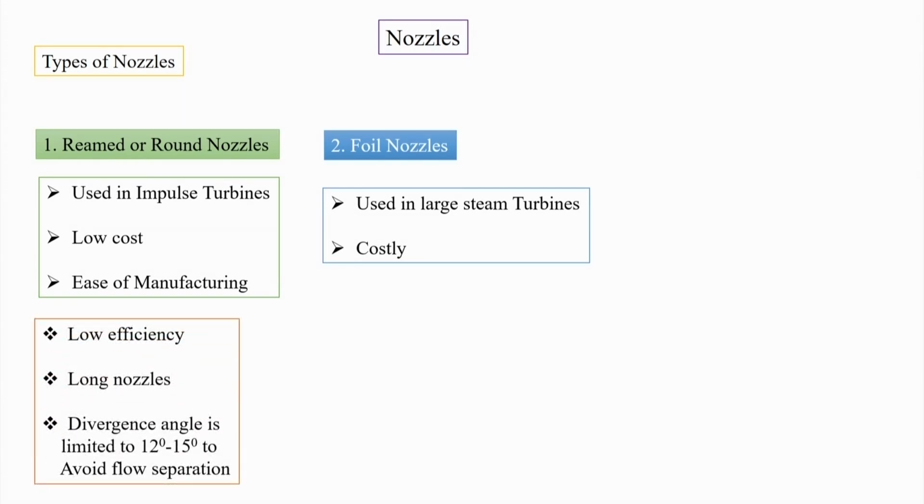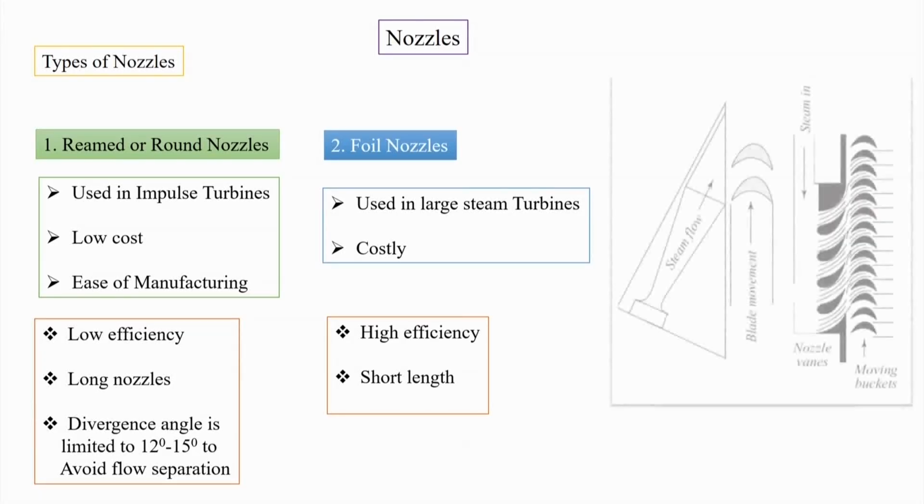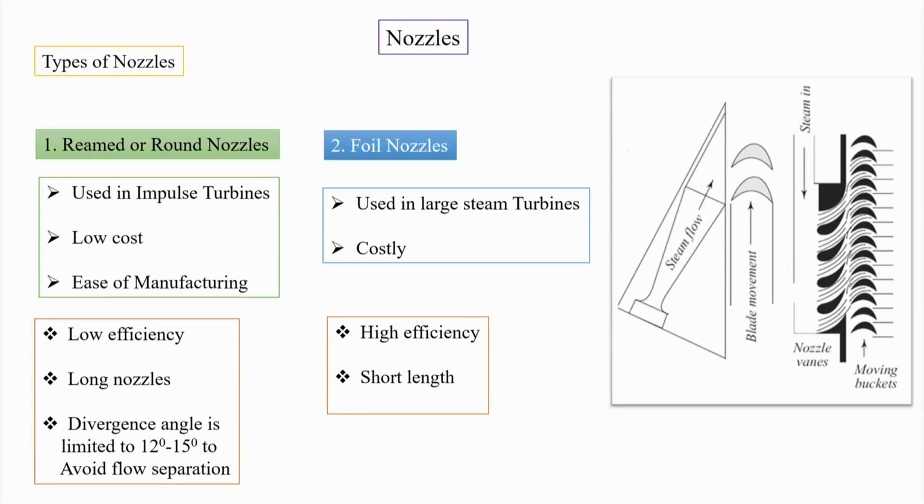Further, the problem with rimmed or round nozzles is they have low efficiency, they are long nozzles, and to avoid flow separation, the divergence angle in the nozzle is limited to around 12 to 15 degrees. But foil nozzles are high efficiency and short nozzles.